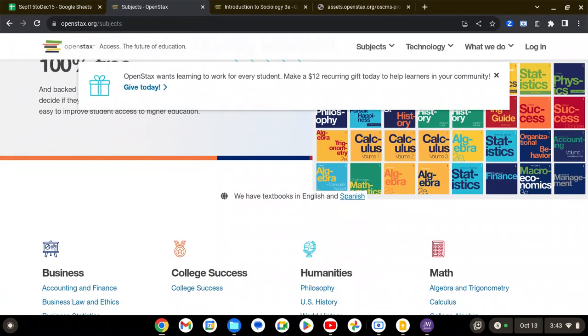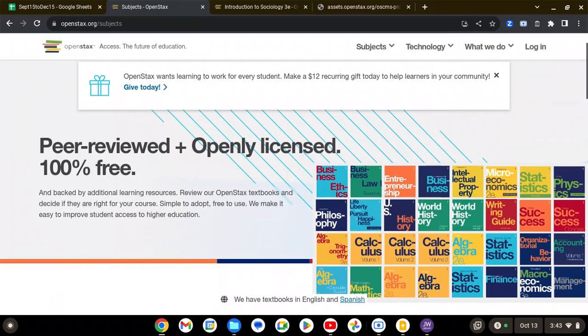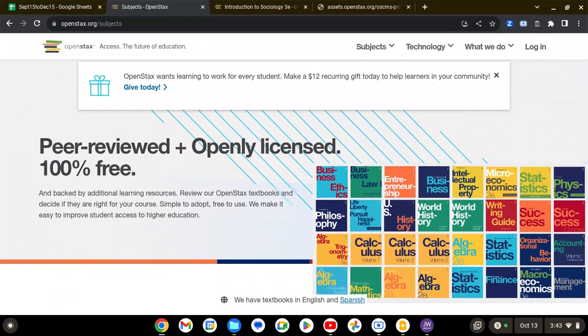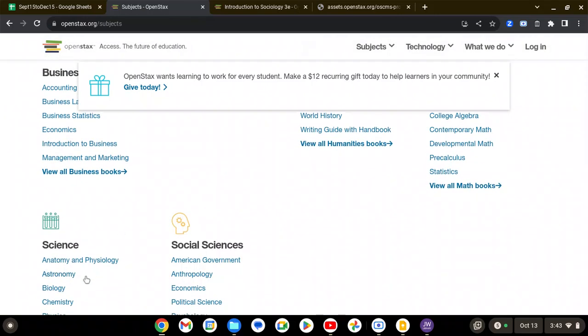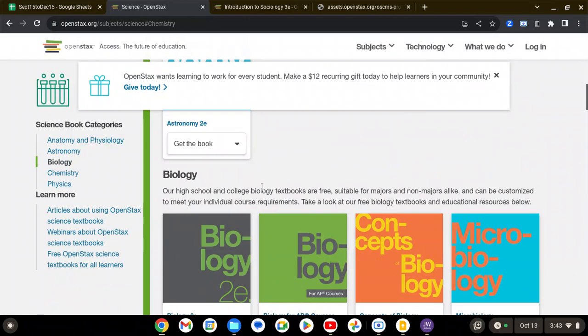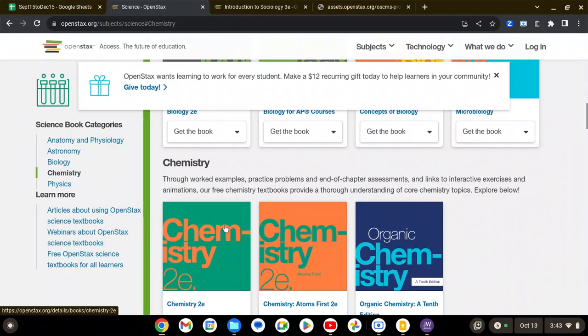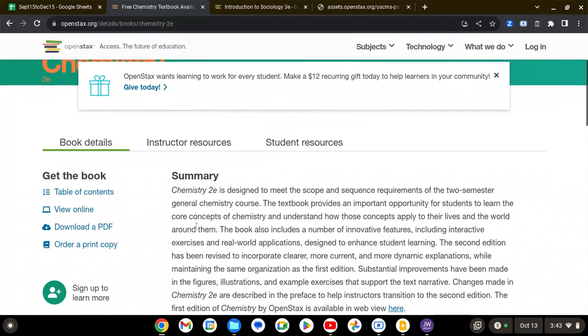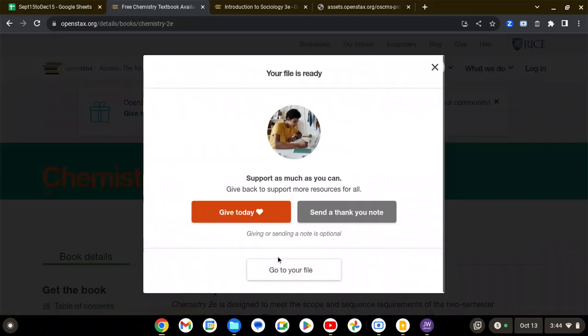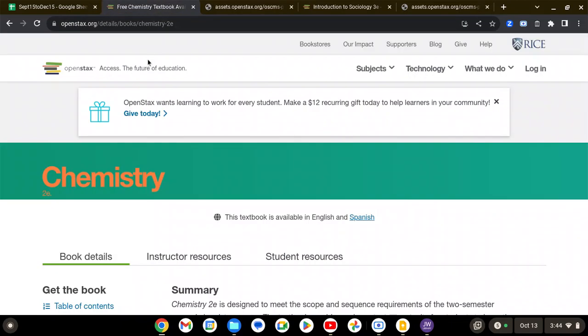It's annoying that they changed this website. Chemistry 2E. Download PDF. File. I think I'm on chapter 9 or 10.